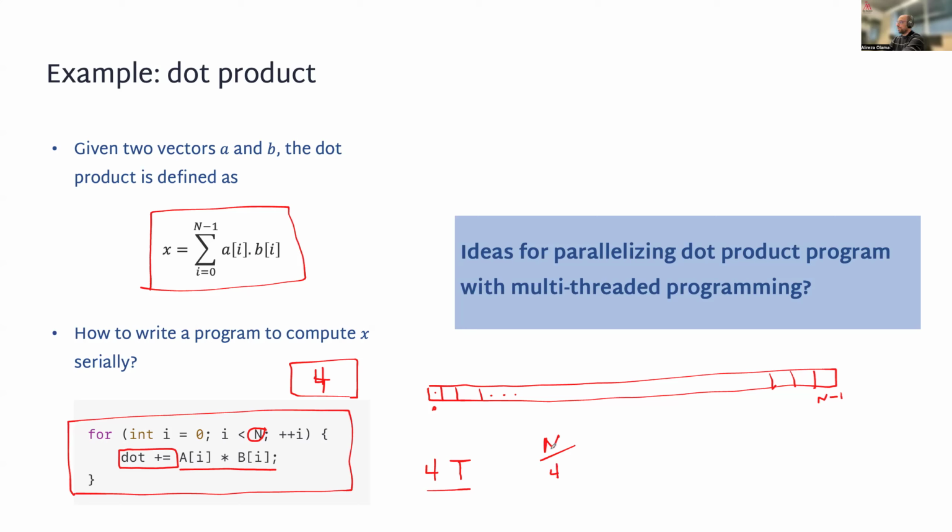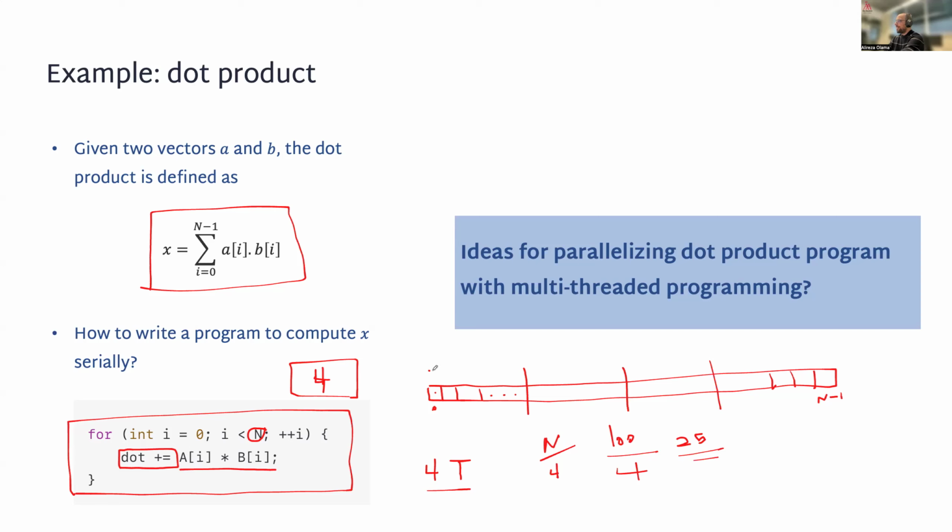If n is, I don't know, 100, then I can have 25 elements for each thread, right? Is that correct? So probably I can divide this array into 4 chunks: 1, 2, 3, and 4, right?